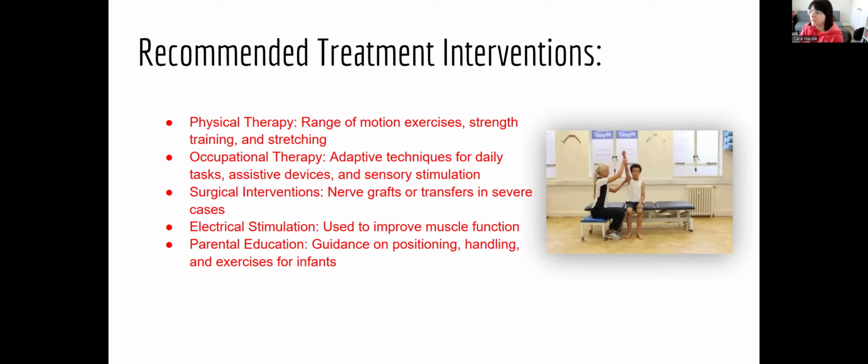Surgical intervention is less common, but they do that. And then electrical stimulation is used to improve muscle function. That is pretty common, I believe. And then parental education is just going to have guidance on positioning, handling, and exercises for infants. Obviously, if your child has this, you're going to want to be able to hold them differently, and dress them a little differently. So yeah.